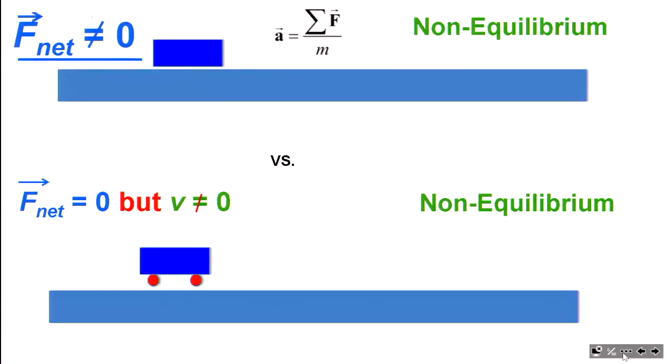Now, there are two types of non-equilibrium. This is what we just saw, when acceleration is not zero, the object speeding up or slowing down, for that matter. And sometimes net force is zero, but the object is still moving.